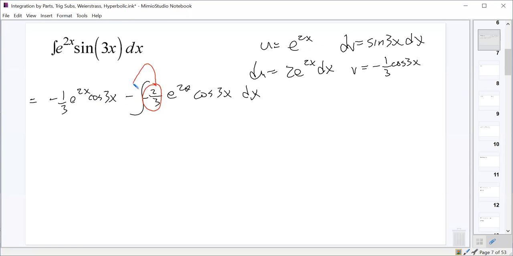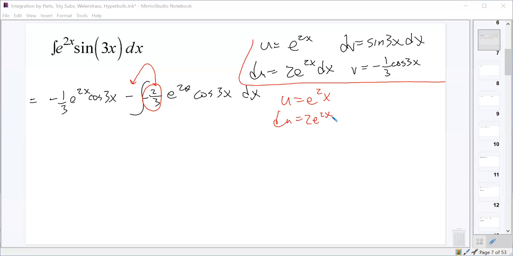Fun. And this constant can be pulled out to make that a plus 2/3 times the entire integral. And what are we going to have to do? We're going to have to do another integration by parts with u equal to e to the 2x, where du is still 2e to the 2x.